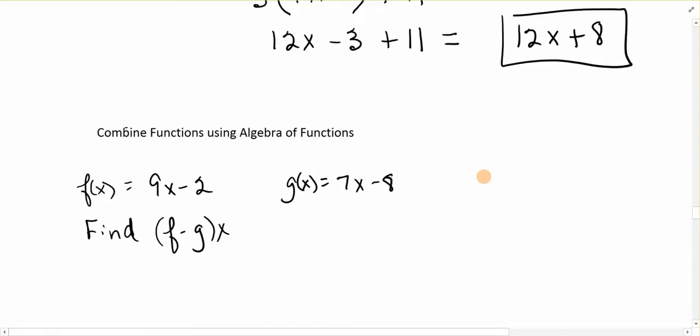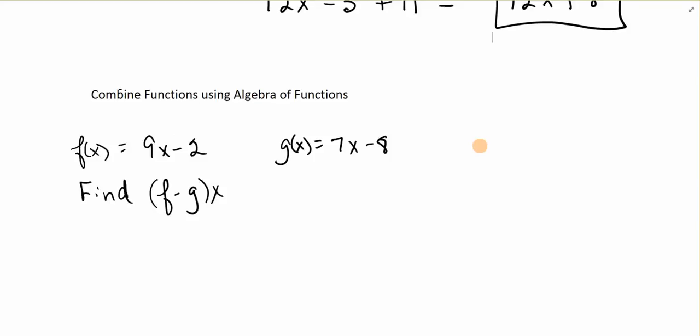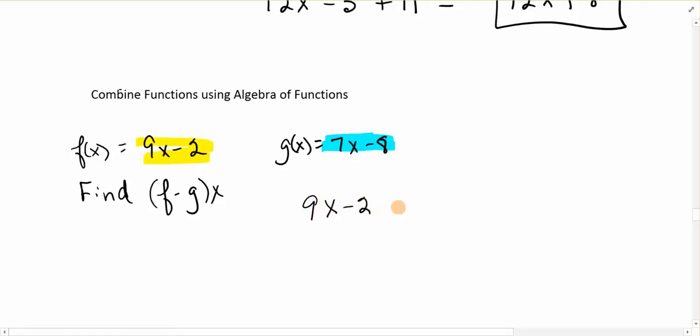Okay, combine functions using the algebra of functions. This isn't compositions, it's saying you're given two functions. We've got an f of x and we've got a g of x, and I want to know what f minus g of x is. Well, you simply subtract them or add them or multiply them, whatever the operation is. So I'm going to take this one, 9x minus 2, and subtract this one. I suggest you put that second one in parentheses if you're subtracting, because what's going to happen to both signs?